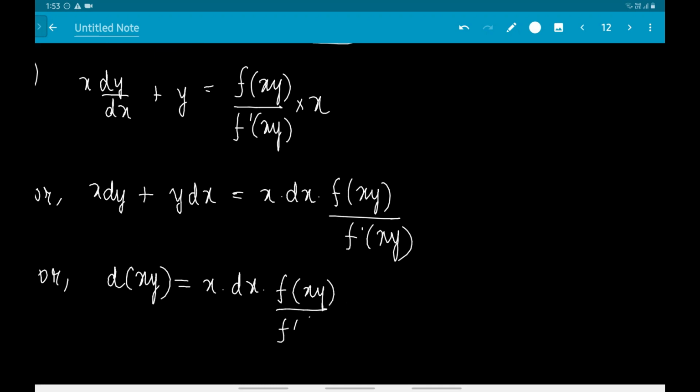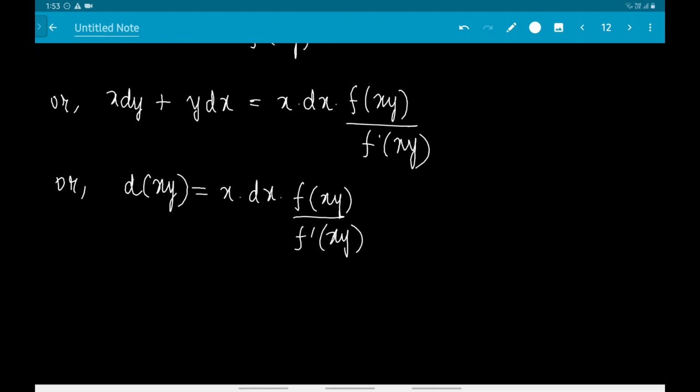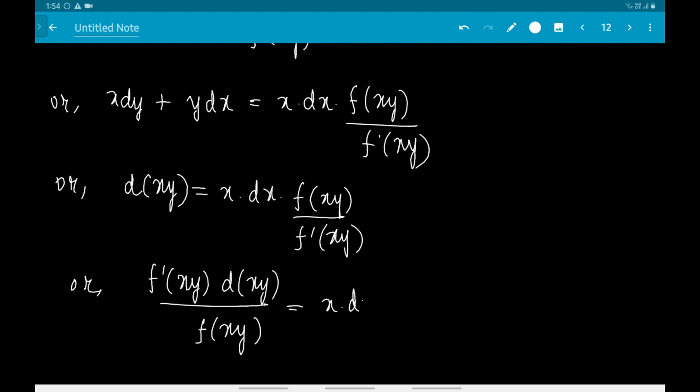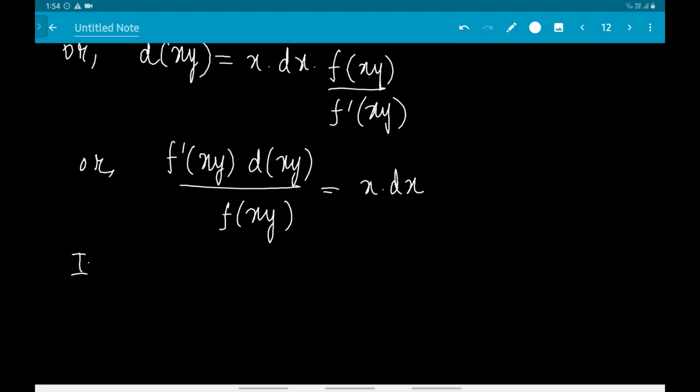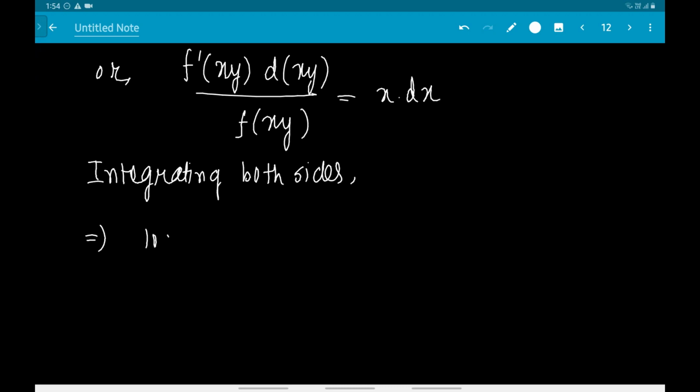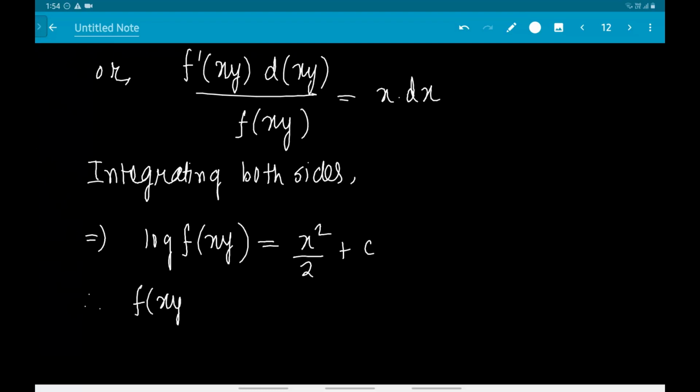So we can write it as f dash of xy into d of xy by f of xy is equal to x dx. Now integrating both sides, we will get log of f of xy equal to x square by 2 plus c. Therefore we can write f of xy as e to the power x square by 2 plus c.